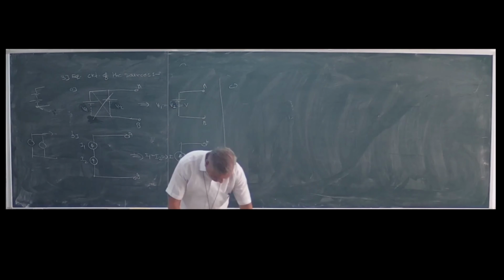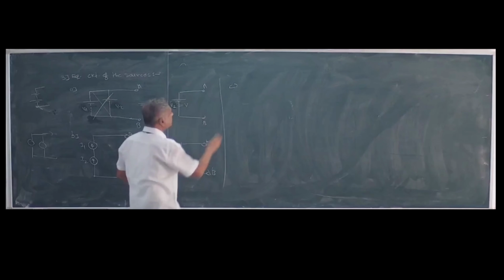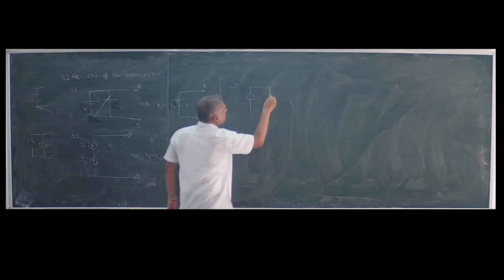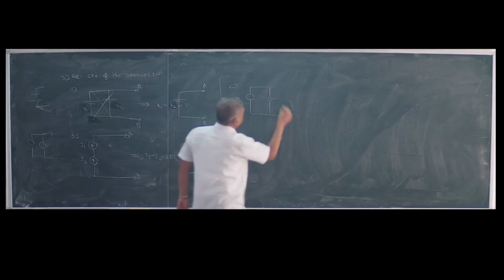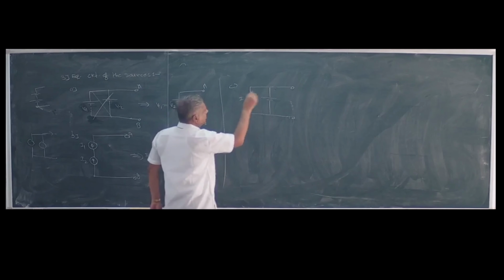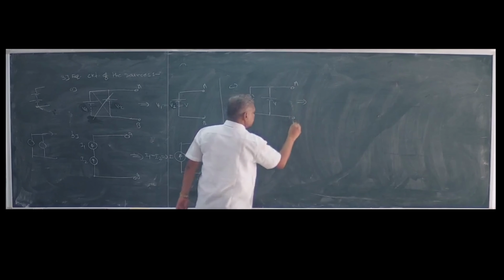Now here, whenever we have something like this, this is I and this is V. What will be the equivalent of this?